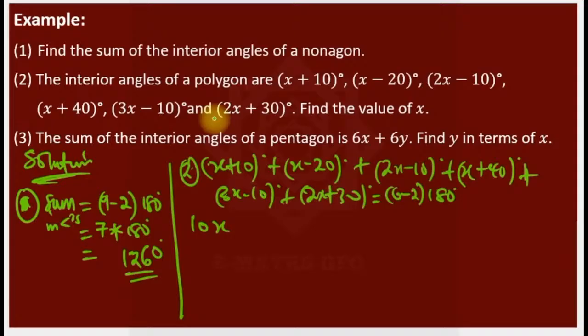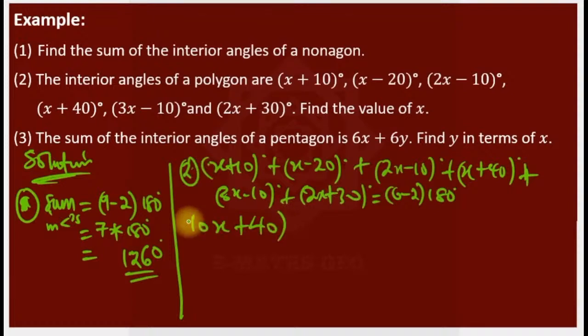So let's add the others. 10 minus 20 is minus 10. Minus 10 minus 10 is minus 20. Minus 20 plus 40 is plus 20. Plus 20 minus 10 is 10. And 10 plus 30 is 40.